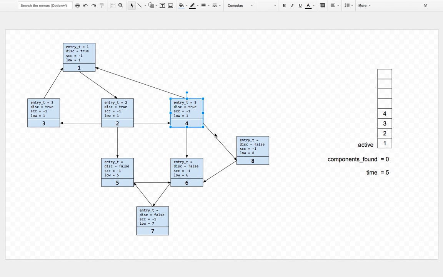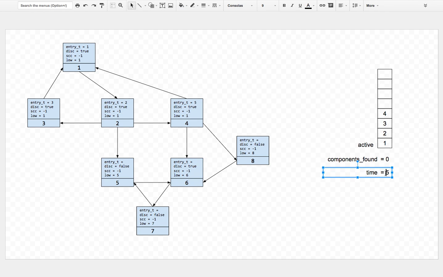So then we continue processing the next edge of vertex 4, which in numerical order is 6 instead of 8. So we do the 4 to 6 edge. The 4 to 6 edge points to an undiscovered vertex. Undiscovered vertex means that the edge is a tree edge. When there is a tree edge, there's no processing to do for the edge itself, but we do mark the vertex discovered true.